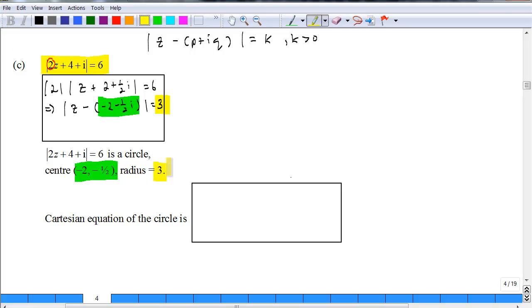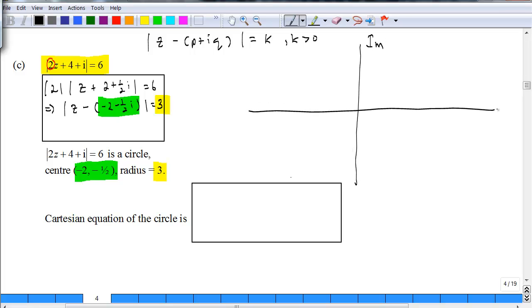So let's start to draw the locus of this complex number equation. We have the imaginary axis, the real axis, center at (-2, -1/2).